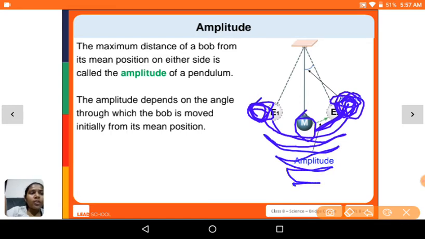So this distance is known as the amplitude of the pendulum, and the amplitude depends on the angle through which the bob is moved initially from its mean position. This angle from its mean position to its extreme position is the amplitude.